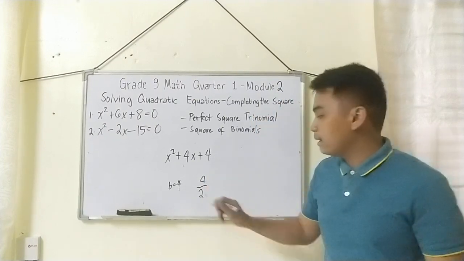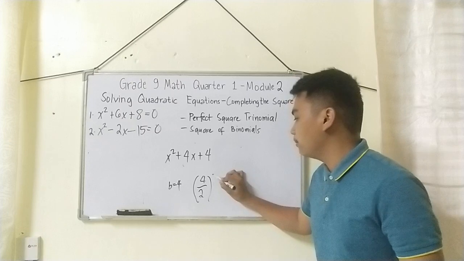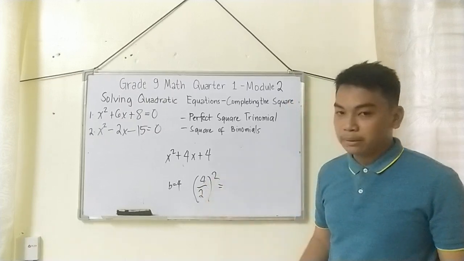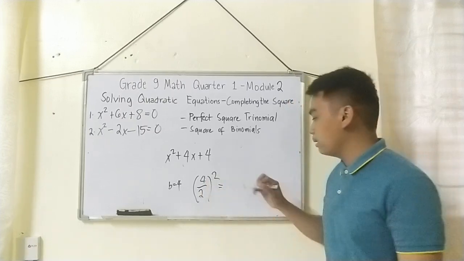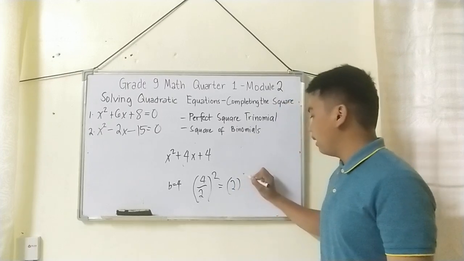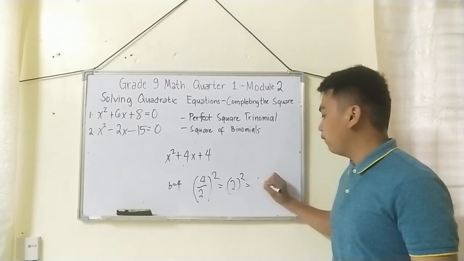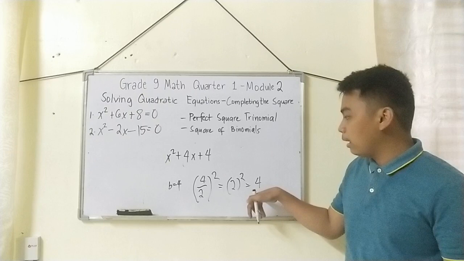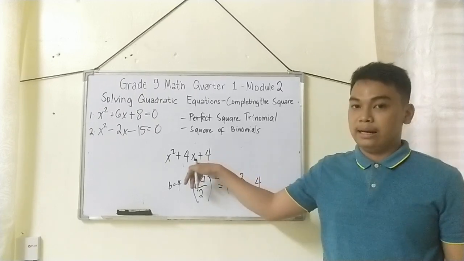Then square the result. So 4 over 2, or 4 divided by 2, is 2, and 2 squared is 4. So this should be our constant, Hobbiters.